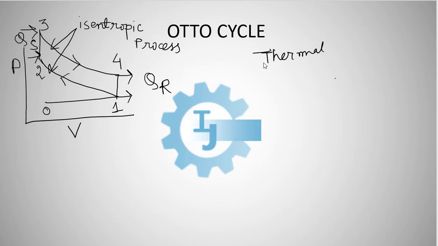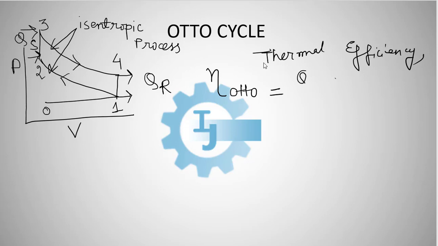Thermal efficiency, we all know, is denoted by eta. So here we write eta Otto equals efficiency of Otto cycle equals heat supplied minus heat rejected by heat supplied.